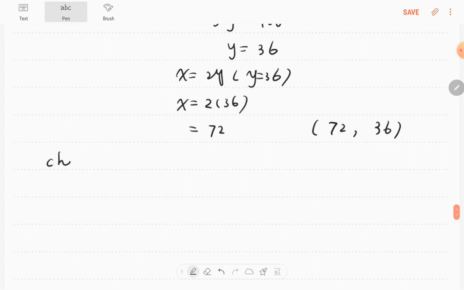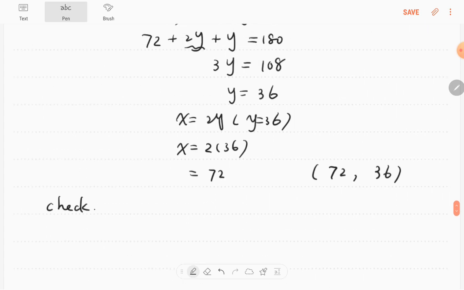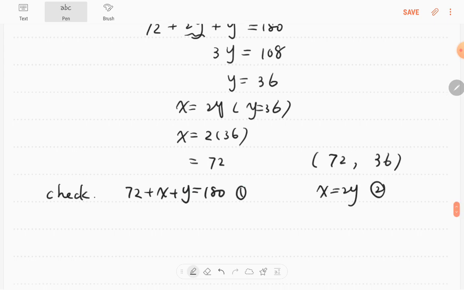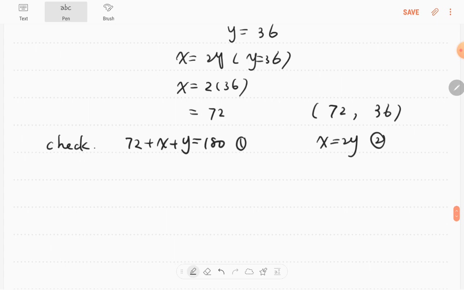Don't forget, we need to check the answer. The first equation is 72 plus x plus y is equal to 180 degrees. We also need to check if x is equal to 2y. That's our second equation. We check with x as 72 and y as 36.